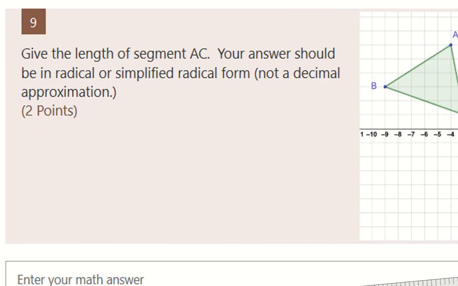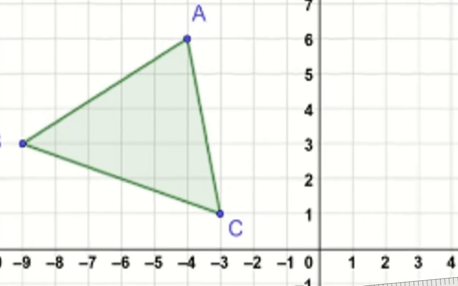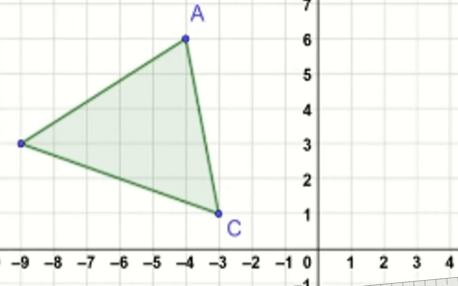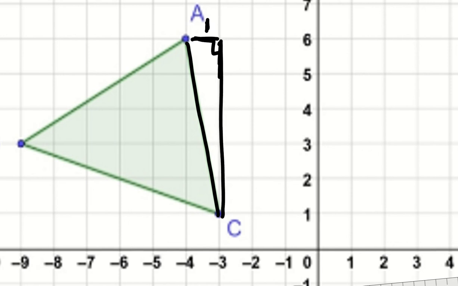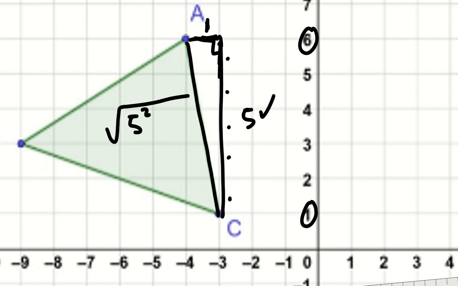All right, moving on to question number 9. Give the length of segment AC. So here's AC, and we're asked what the length of this segment is. You can see I can look at this like this right triangle right here. This is 1, and this is 1, 2, 3, 4, 5 units, right? 6 minus 1 is 5 units. So using the Pythagorean theorem, the square root of 5 squared plus 1 squared is equal to its length.